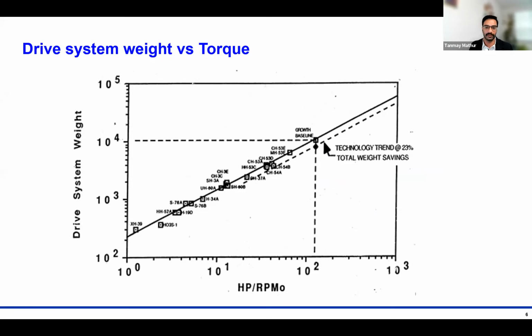Okay, now with technological advancements, advanced rotorcraft technology programs, we've been able to get off this trend and save 23% in weight. But it doesn't quite solve the problems around gear noise and reliability.